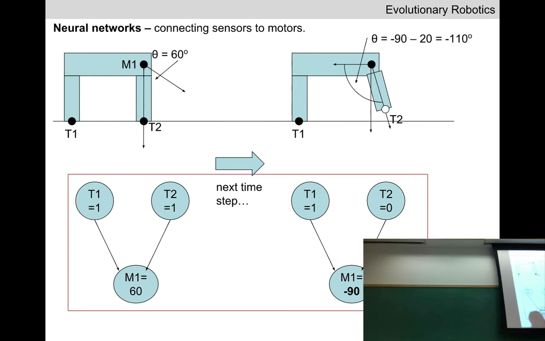And now the new value of M1 is minus 90. So this is T0, time step 0, time step 1. What happens at time step 2 now? It's going to start to flex the leg back in with even more force than it just did at the previous time step.